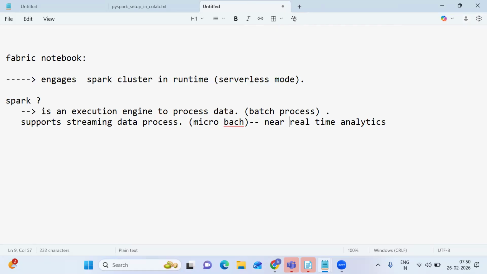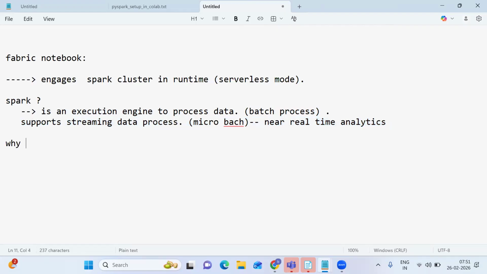They are selling many products, and for every 5 seconds they want the visitor count, not every day night. Such kinds of analytics are called near real-time analytics. Another technical name for this is micro batch. That means Spark supports two types of process: batch process as usual, and micro batch process.